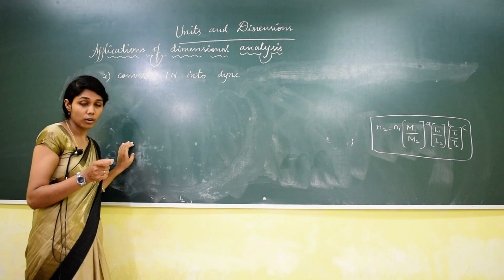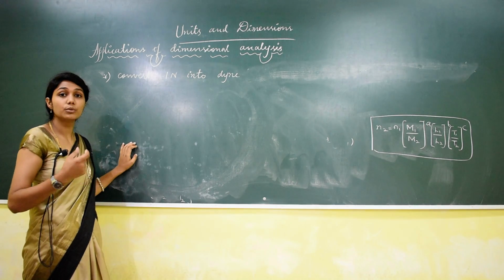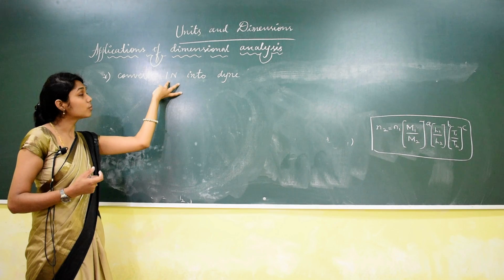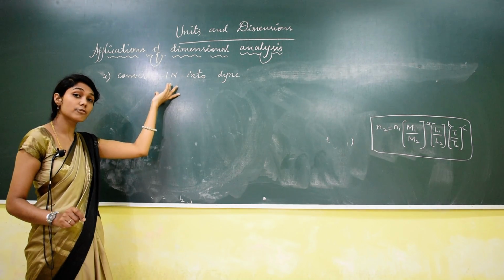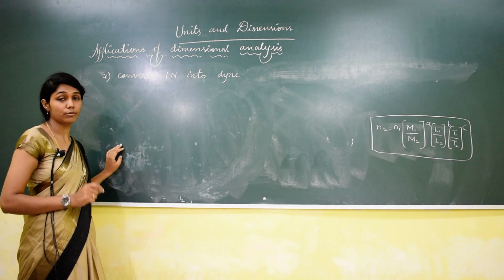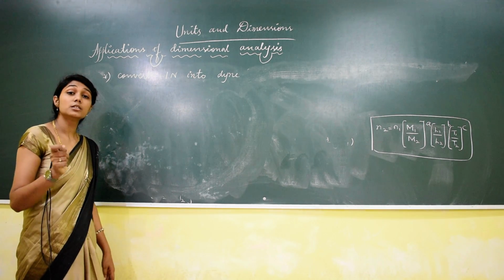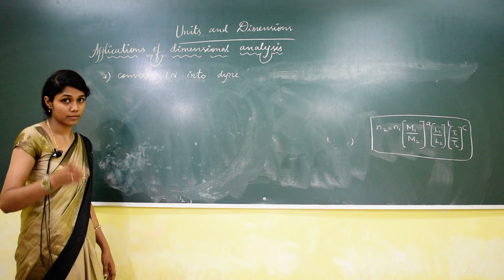So first of all, before solving I should know what is 1 Newton here. So 1 Newton is nothing but the unit of force. Okay, it is the SI unit of force. Then what is dyne? Dyne will be the CGS unit of force here. Okay, fine.